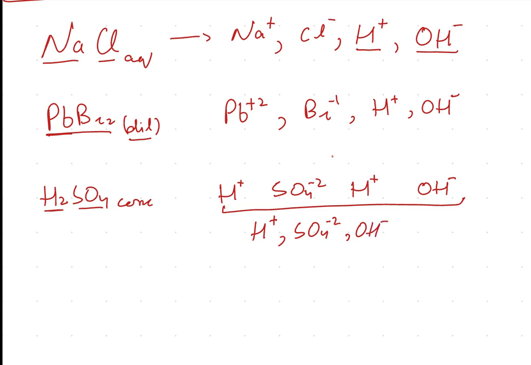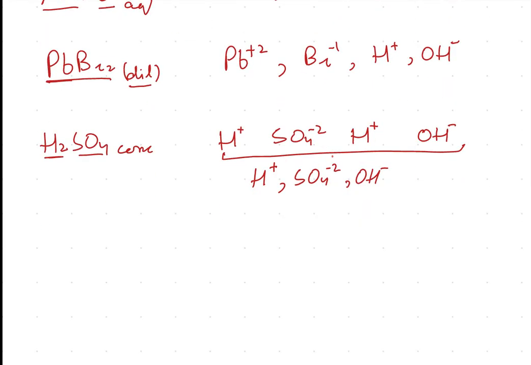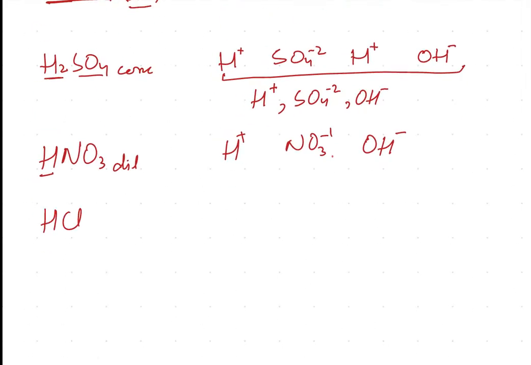It is not mandatory to write H positive two times because both are the same ion. In the same way, in HNO3 diluted solution, there is H positive and NO3 minus, and due to the water present in it, it contains OH negative as well. Here we have HCl, also diluted, so it contains H positive, Cl negative and OH negative.